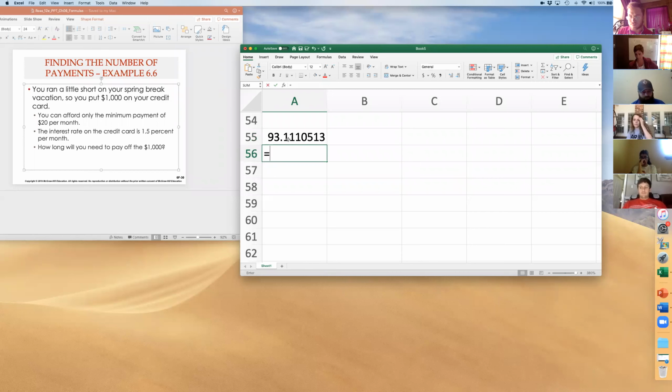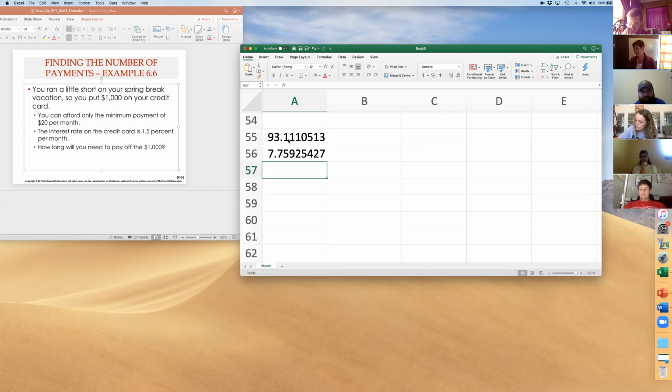Well, 93 months, if we divide that by 12, turns out to be almost 8 years. So that spring break that you just charged $1,000 for could take you, if you just did the monthly payment, almost 8 years, 7.76 years exactly to pay off.